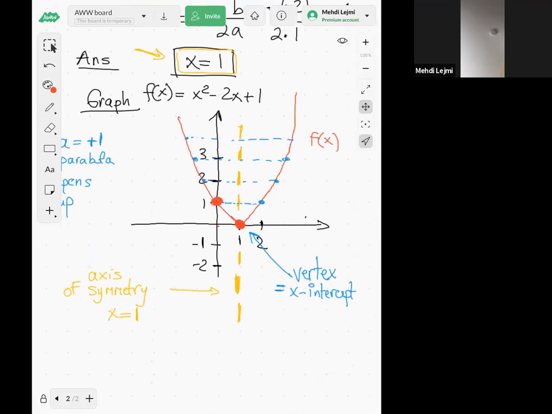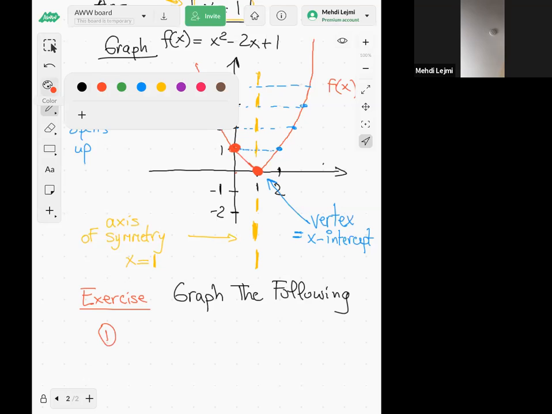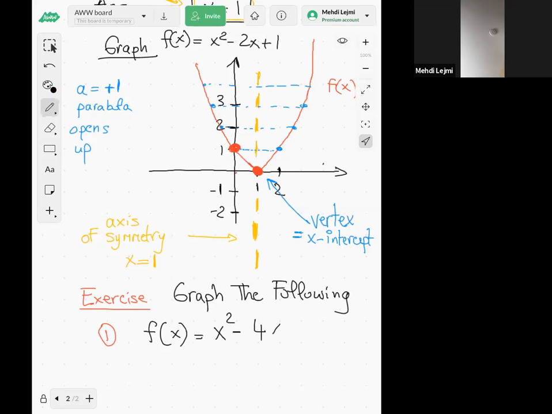Okay, exercise then. Please try to graph the following functions. For number 1, let's say you have f of x equals x squared minus 4x plus 6, right?